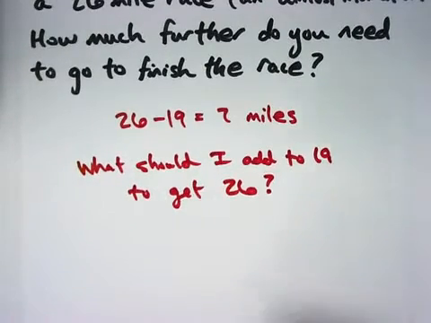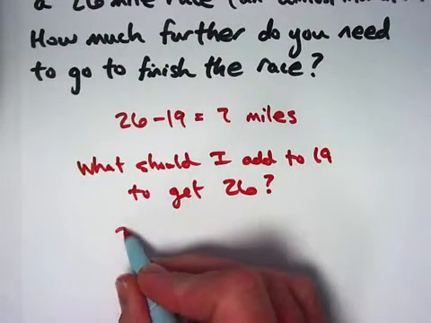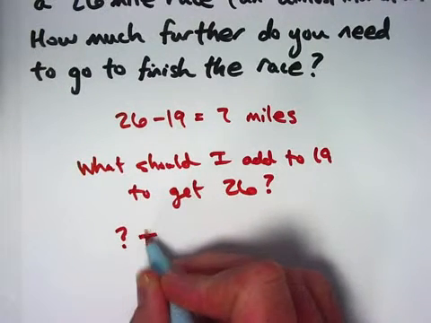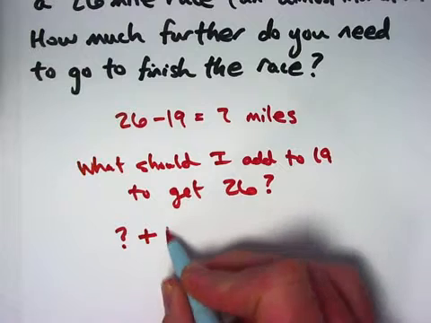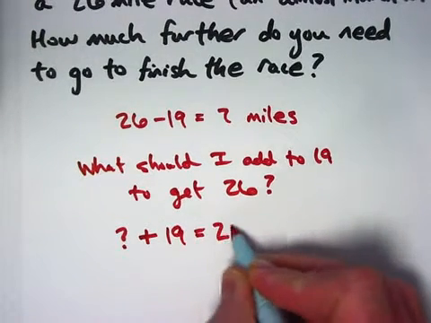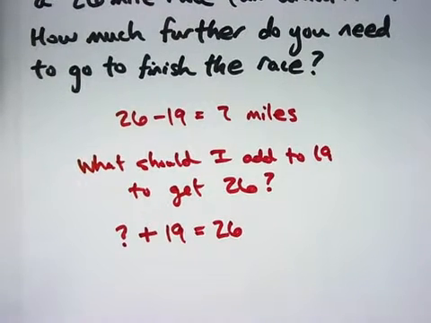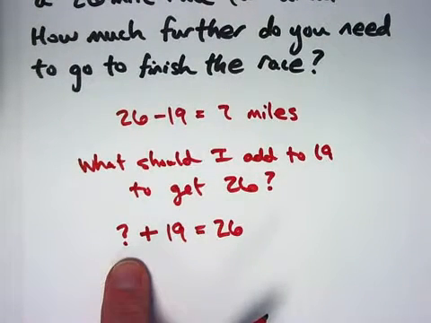Thought of another way, what question mark should be added to 19 to get 26, written like that as an equation? Question mark is what you're trying to find.